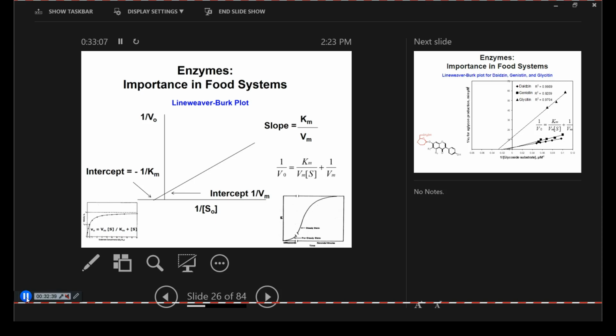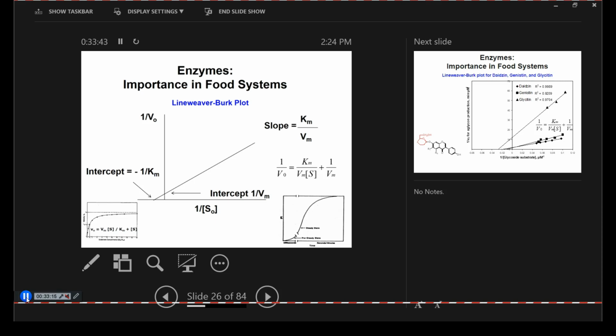And then b is your intercept, which is 1 over Vmax. So if you have your equation of the line, you get the b, which is a value that you will replace and you can calculate Vmax. And when you have Vmax, you can calculate Km because the slope equals Km over Vmax. So from your equation, you get the slope, you plug it here, and you have the Vmax from the intercept. Then you are able to get the Km.